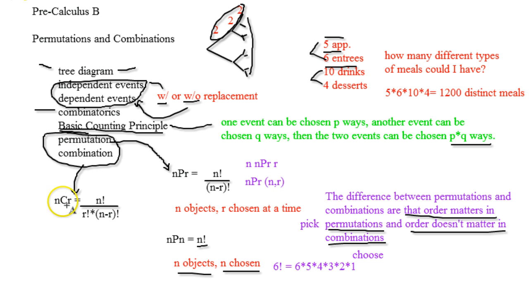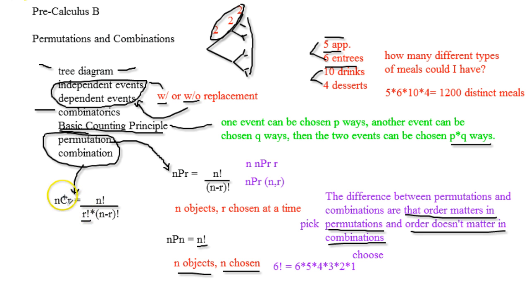And same thing with nCr when you're doing combinations. Now, combinations are going to be n factorial, except with this little addition of r factorial, and that's the only difference between permutations and combinations.